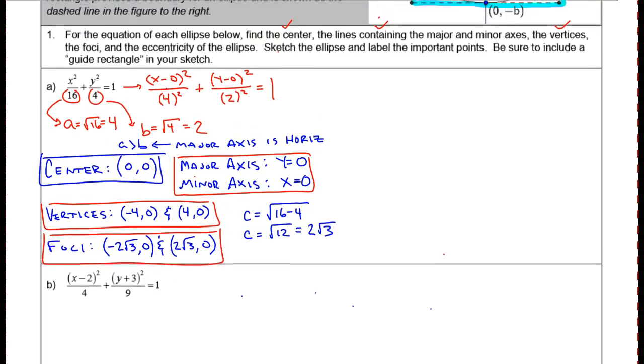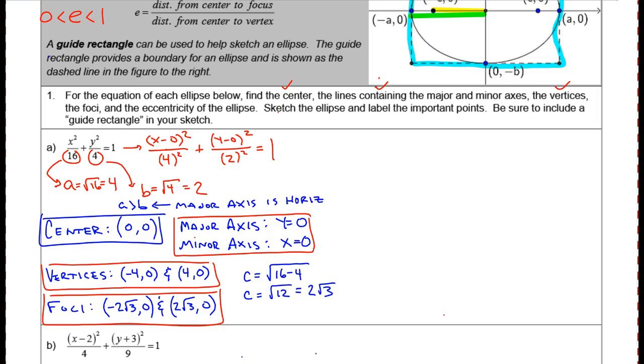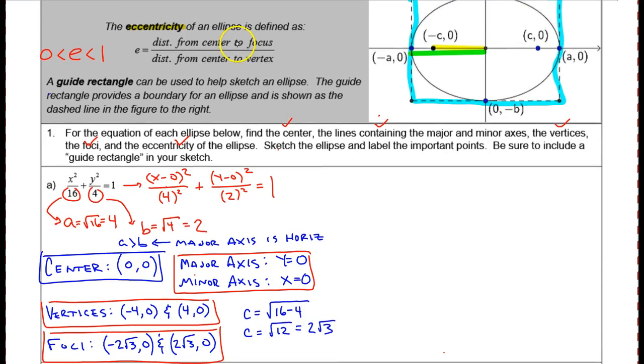Okay, so let's take a look at our list of things here. We found the foci. The last thing we have to do is find the eccentricity of the ellipse, and that's going to be the distance from center to focus, which is c, over the distance from center to vertex. For any ellipse, that's either a or b.